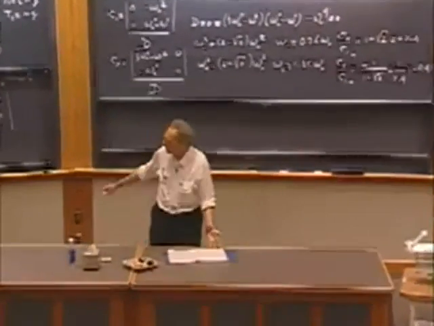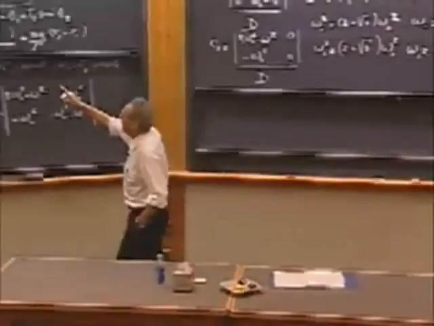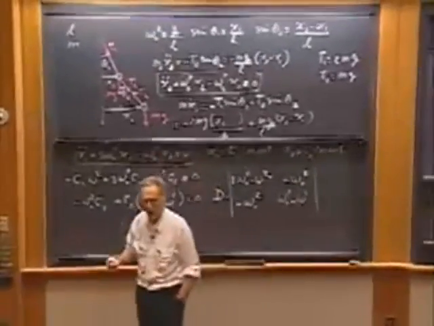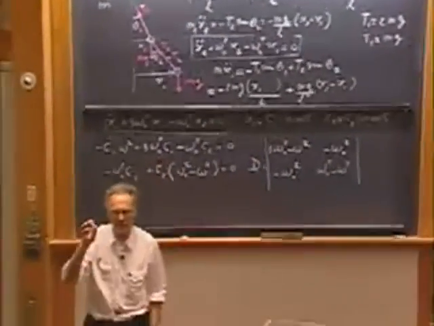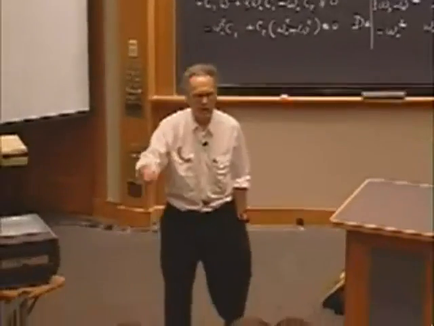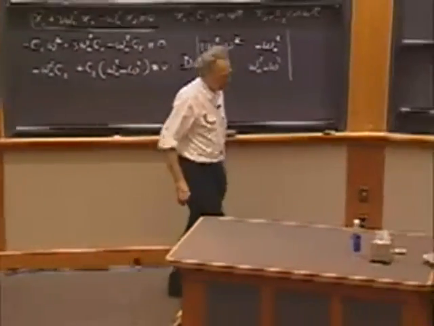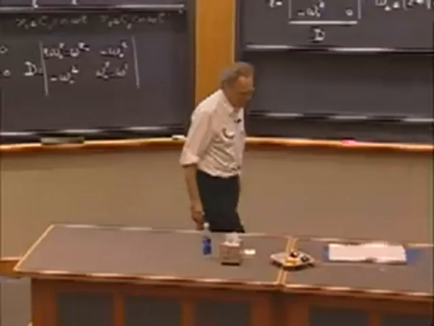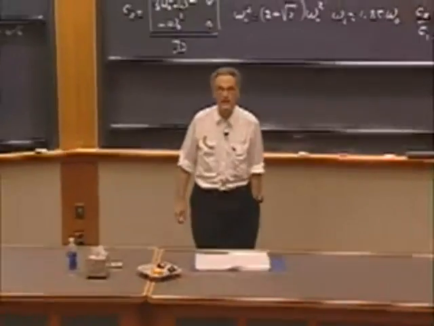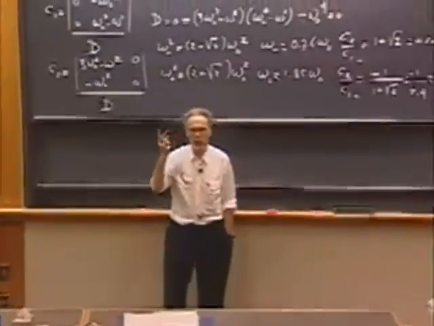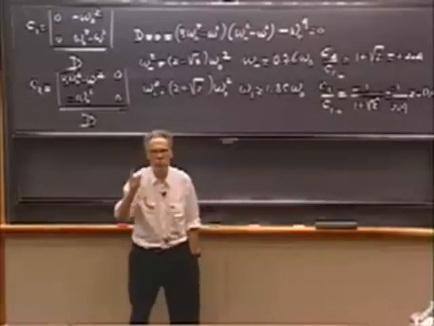So when you start that system off, at time t equals 0, you specify x1, you specify the velocity of object 1, you specify x2, and you specify the velocity of that object. Then it's going to oscillate in the linear superposition of two normal mode solutions.